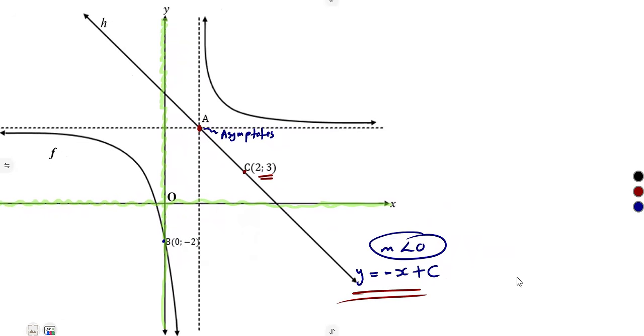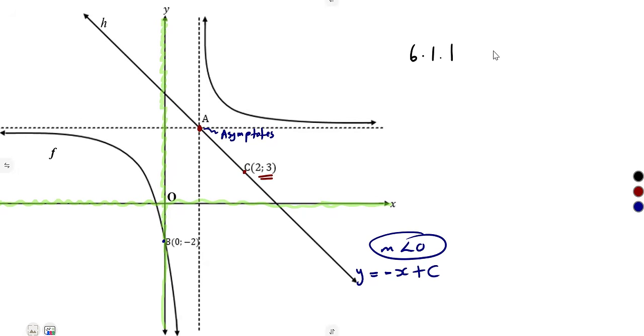Remember the format, guys, of the axis of symmetry. When it is a negative gradient, it's going to be minus x. There is no minus 2x or minus 3x, just minus x, or y = x + c. So already we know that our gradient is negative 1. So it is just a continuation from there.